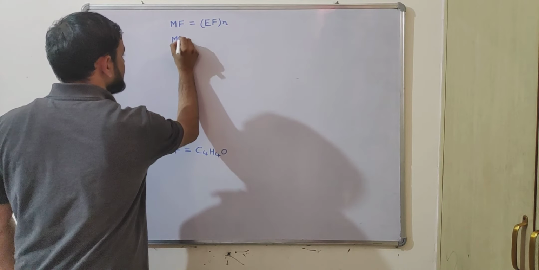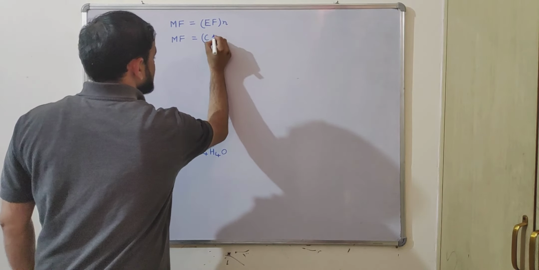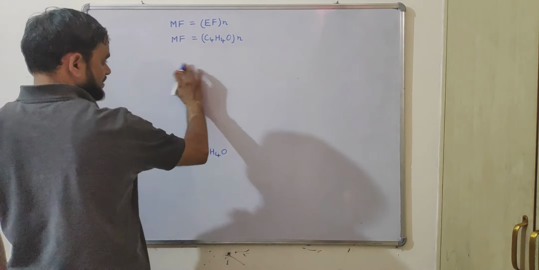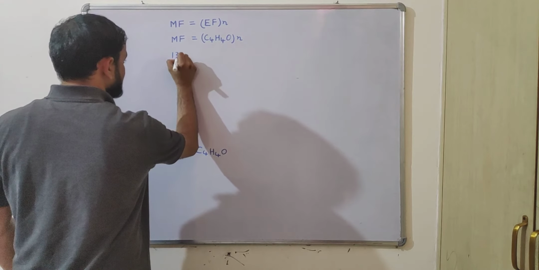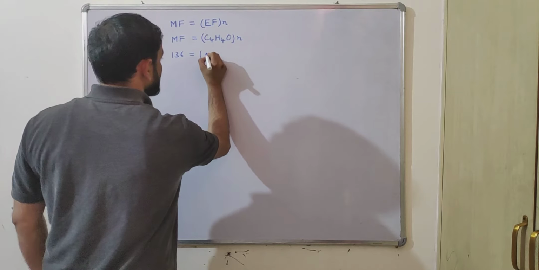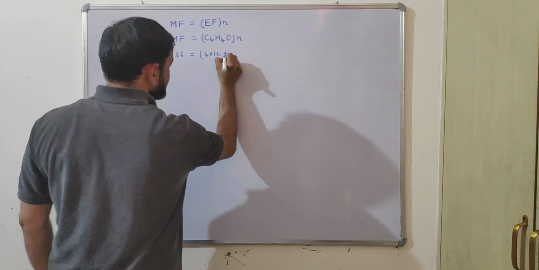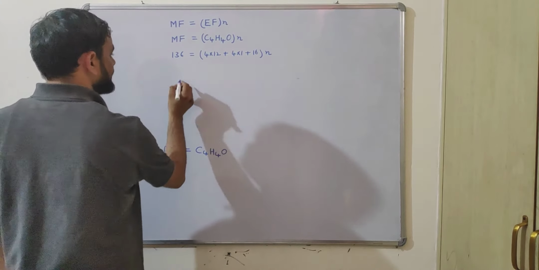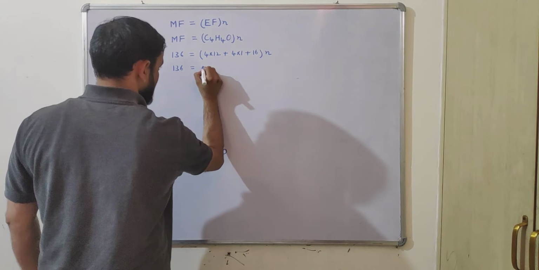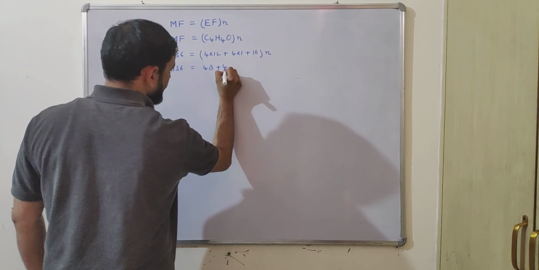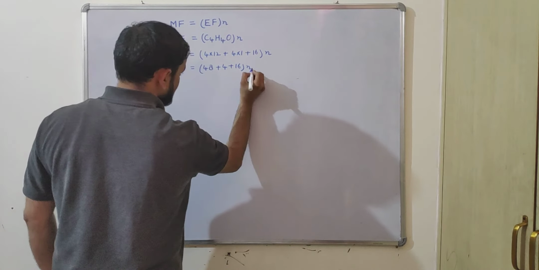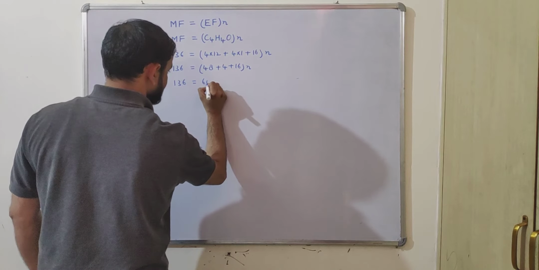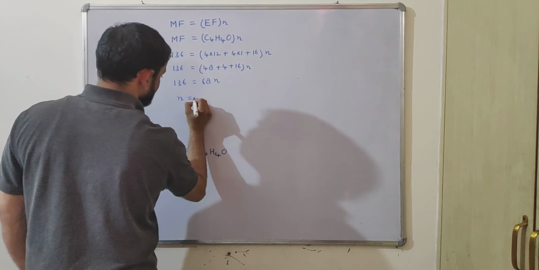So we can write MF is equal to C4H4O into N. Since the molecular weight of the compound is 136, so we can write 136 is equal to 4 into 12 plus 4 into 1 plus 16 into N. 136 is equal to 48 plus 4 plus 16 into N, or 136 is equal to 68 N. So value of N will be equal to 2.